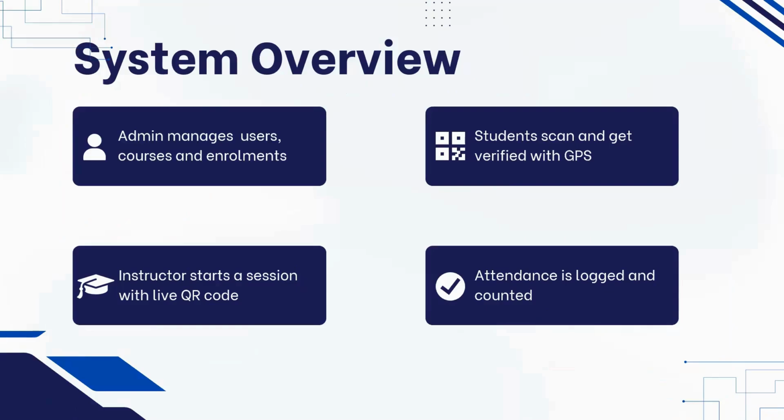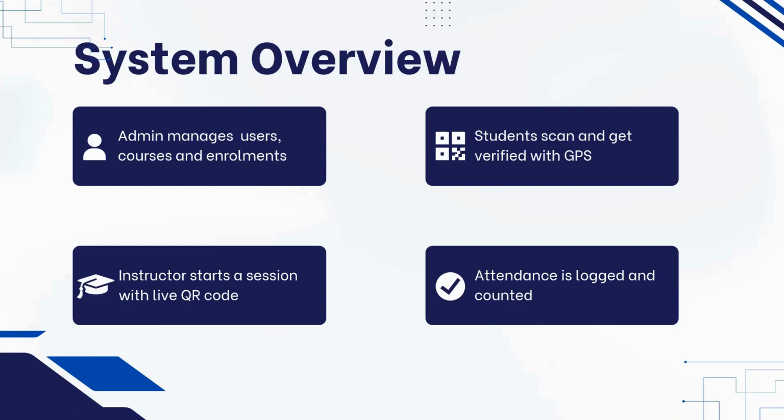Now let's talk about the system overview. Here's like a big picture of how the system works. The admin can manage users, roles, courses, and enrollments. So for example, if there is a new instructor or new course, the admin adds them through the dashboard. The instructor starts a session and the system generates a QR code.